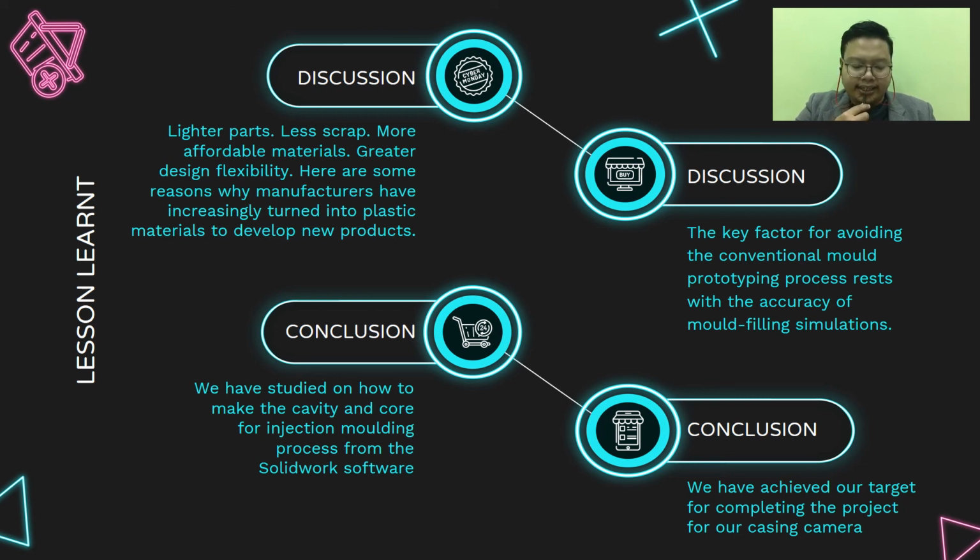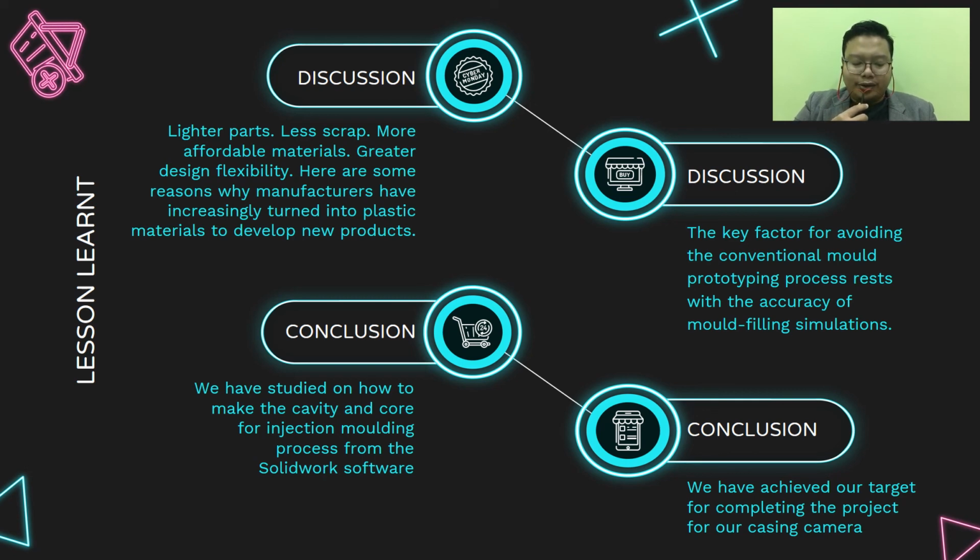The second discussion is that the key factor for avoiding the conventional mold prototyping process is mold filling simulation. From the simulation that our group produced, we can analyze the mold process easily and use less time.